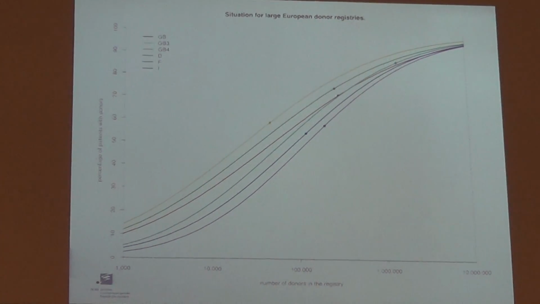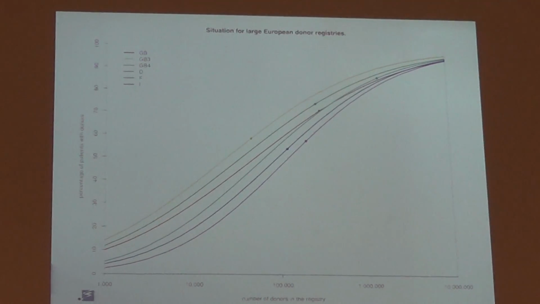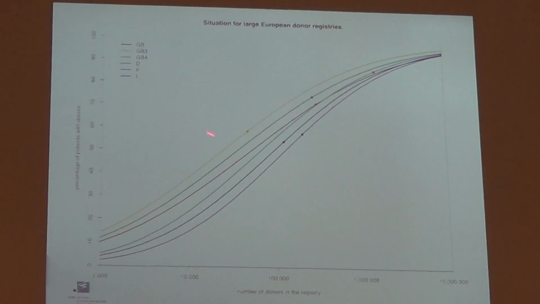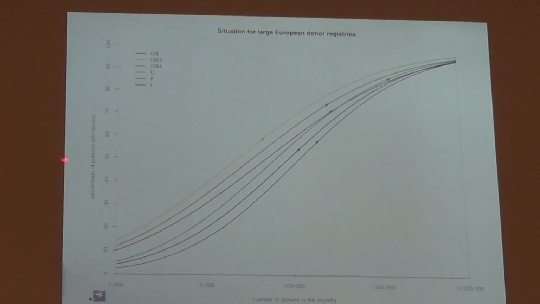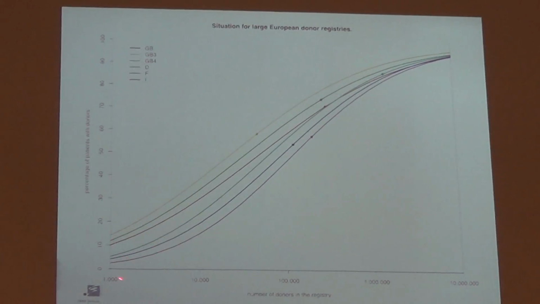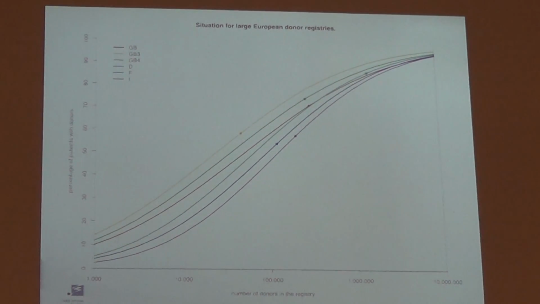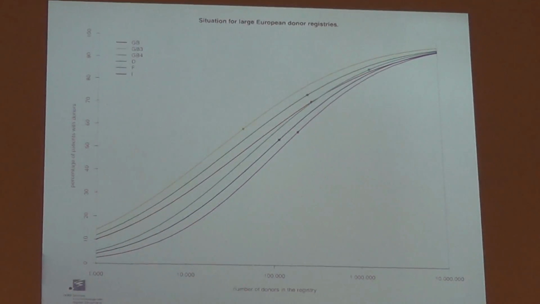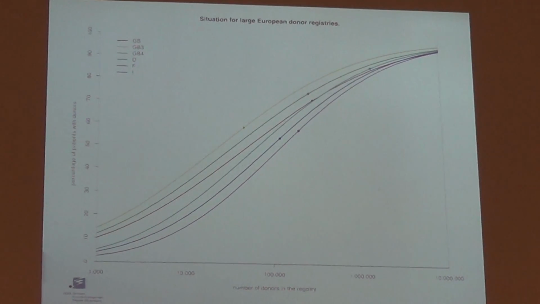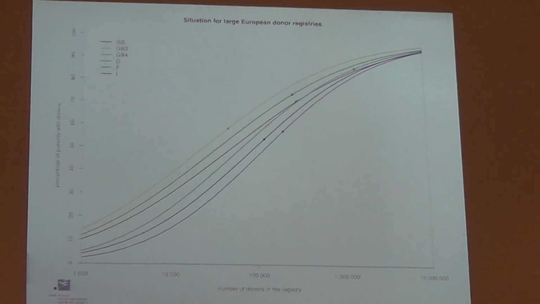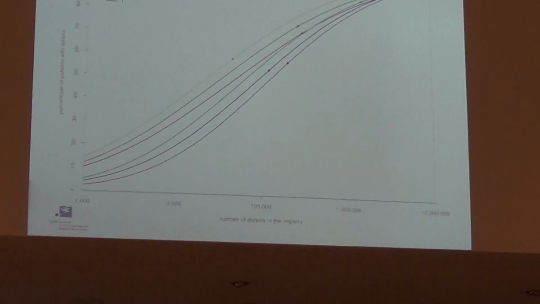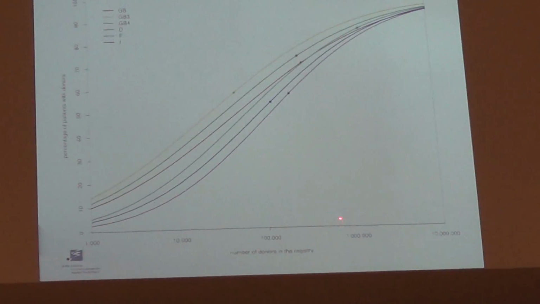This was roughly the consensus resolution that was accessible at that time. To explain this type of graph, the x-axis means the size of the registry, and the y-axis is the percentage of patients which would find a donor in a registry of that size.